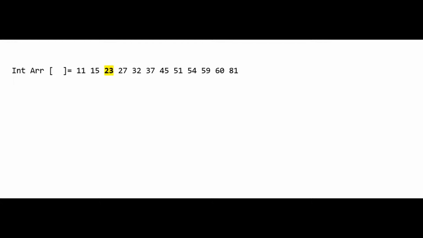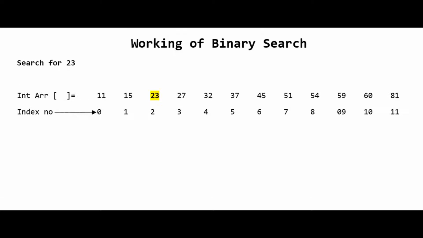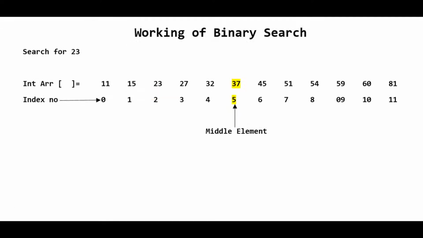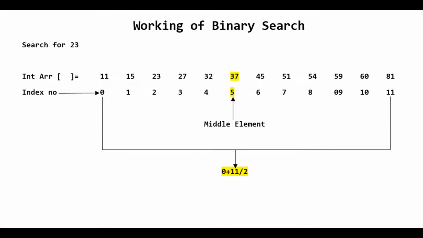Let's say we search for element 23. For your reference, I have given index numbers starting from 0, and the last index number is 11. Now it should find the middle index number, and whichever element is there, it will compare with that element. How the middle element is found is like mathematics.